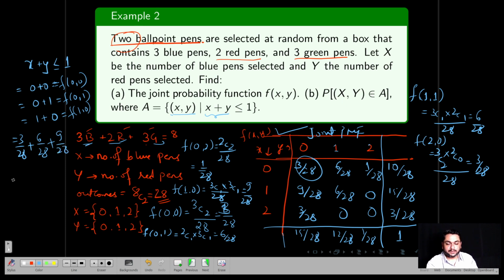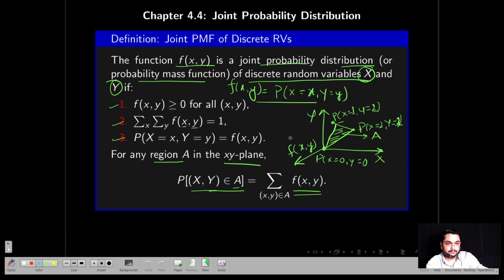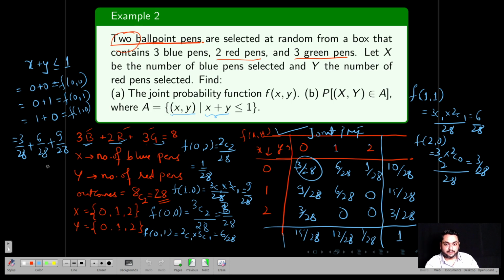The total, if you remember the last point explained in the definition, this is what you are doing here, for calculating that probability value. So 18 by 28. So this is the answer.